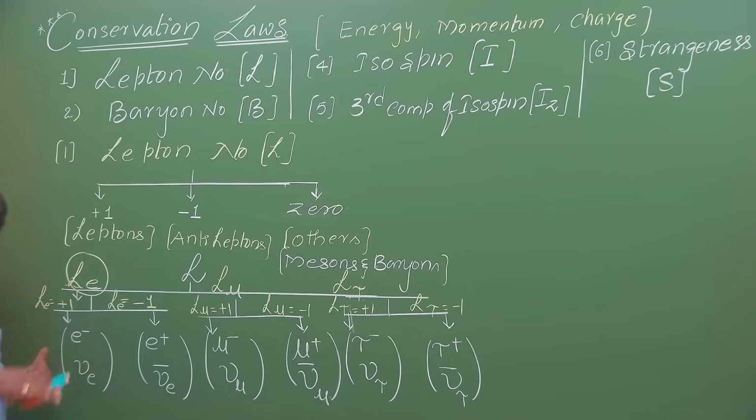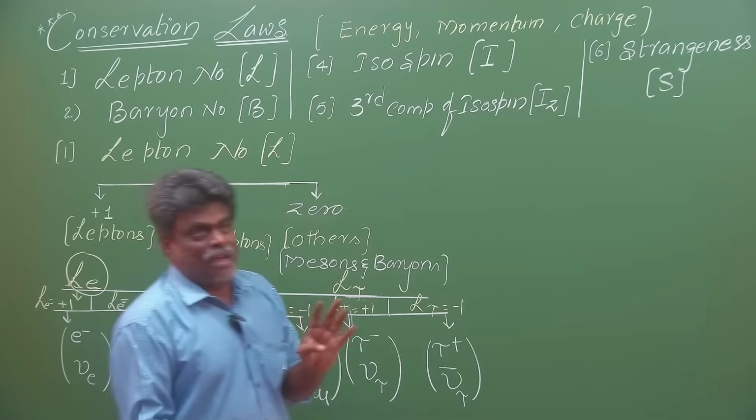If an electron is there and there is no other particle in the reaction from this group, then it is forbidden. Please remember this. So we have to check the lepton number separately for the electron family.